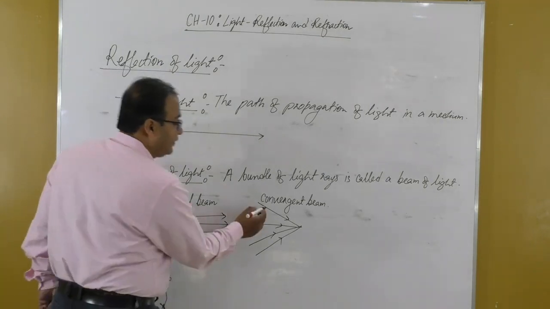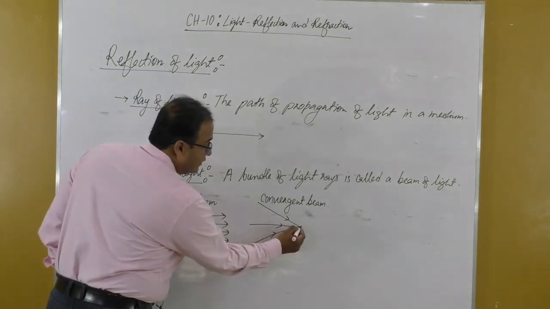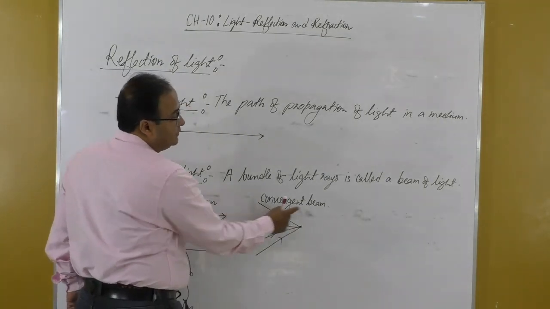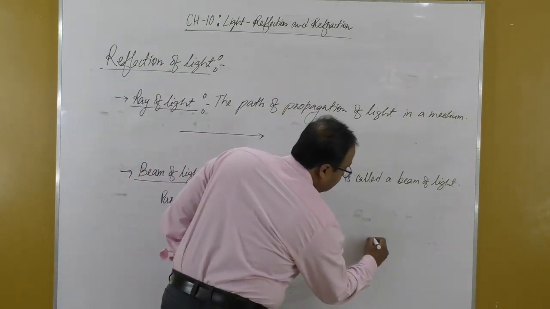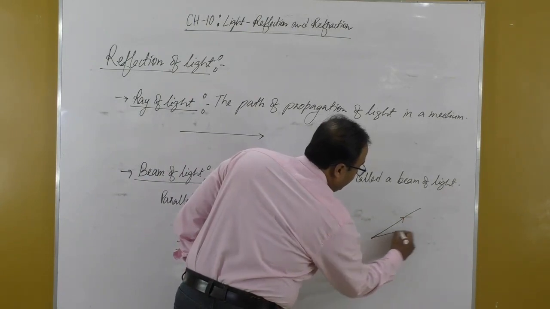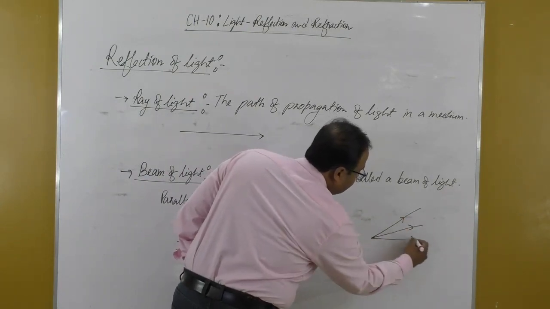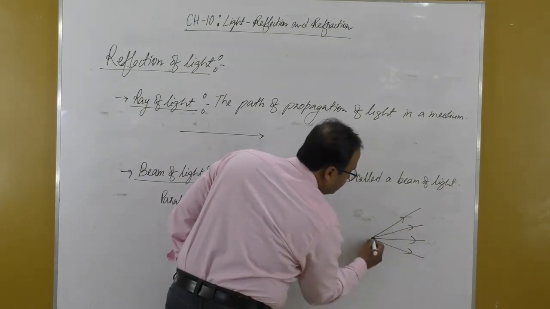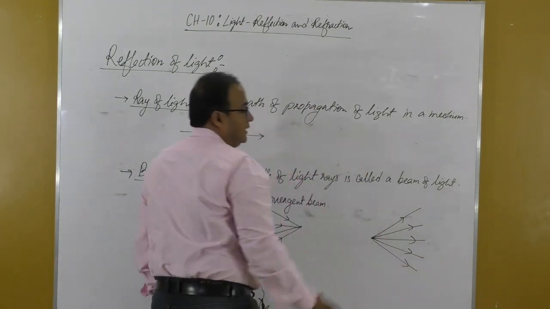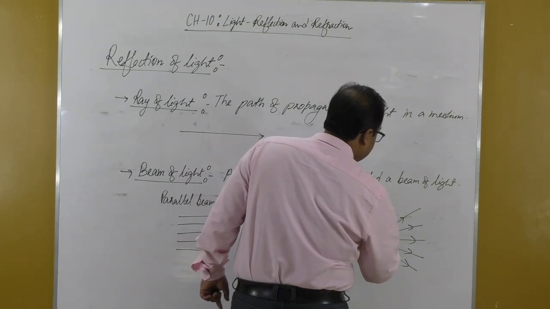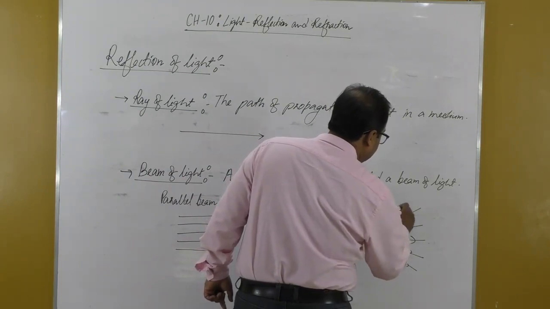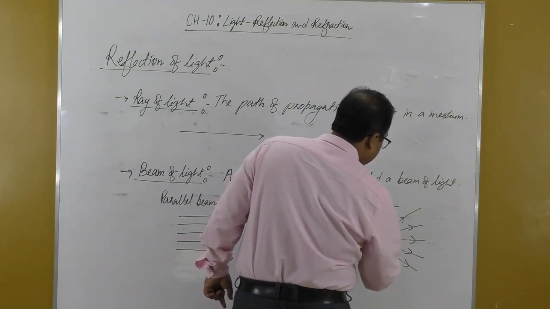Here the gap between the light rays keep on decreasing, they converge at a point, and thereby this beam is called convergent beam. If the distance between the light rays keep on increasing as the light rays proceed forward, they appear to come out from one point, then that beam is called divergent beam. It is called divergent beam.